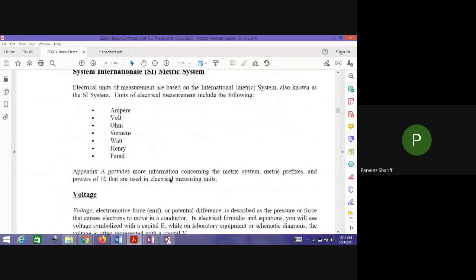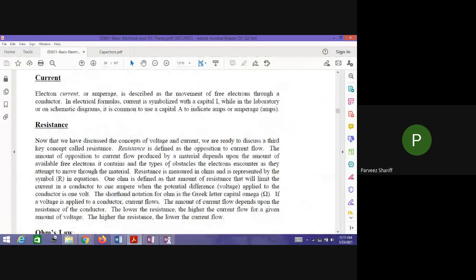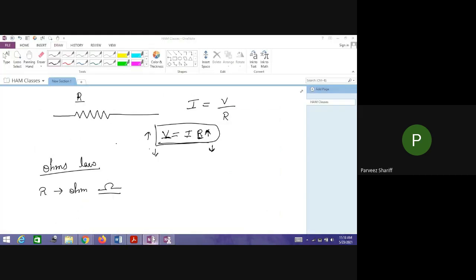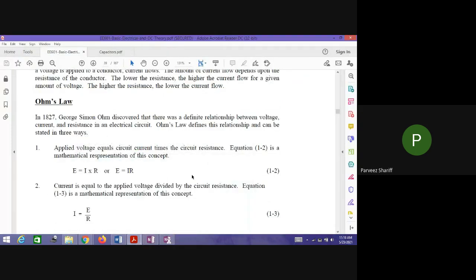Now you see Ohm's law: the applied voltage equals the circuit current times the resistance. The same thing we have written here. You see, V is equal to I into R. It is in the equation form.